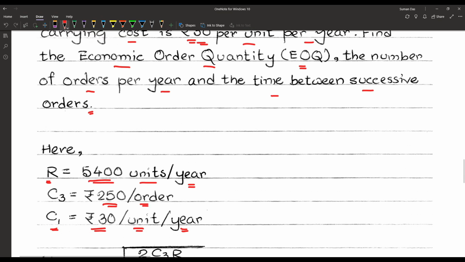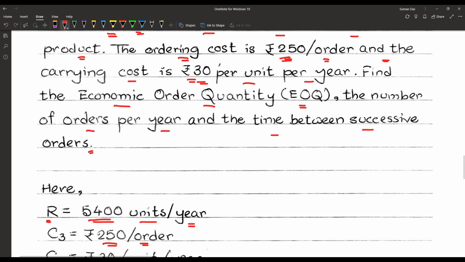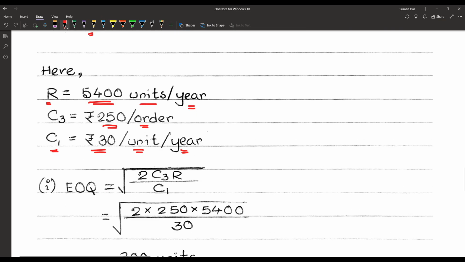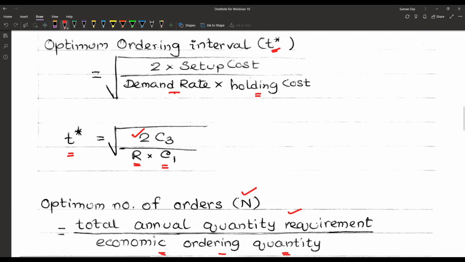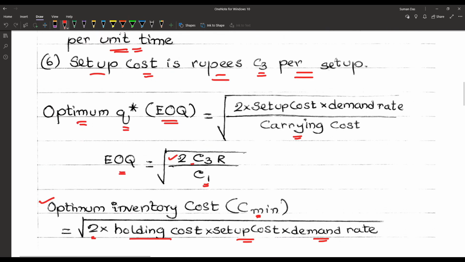What is the first problem? We have to find the economic order quantity, that is, the EOQ. What is the formula of the EOQ? EOQ is equal to the square root of 2C3R upon C1.